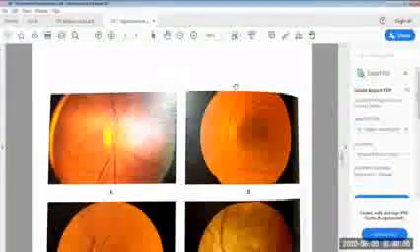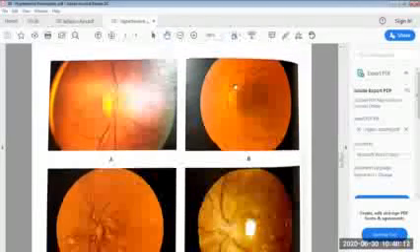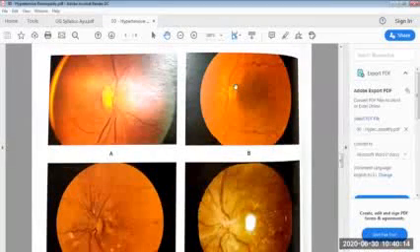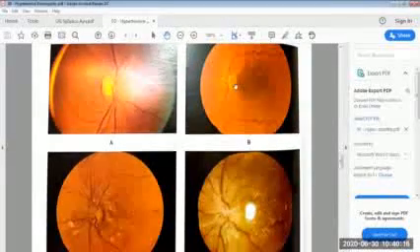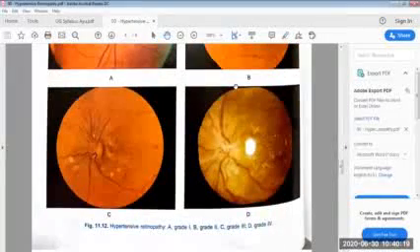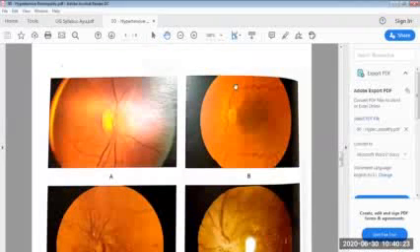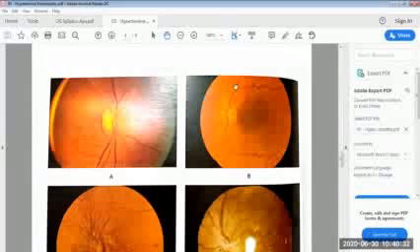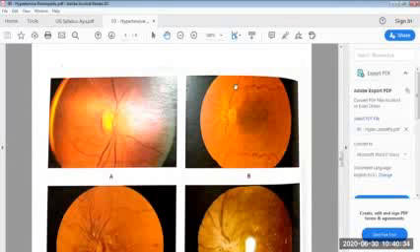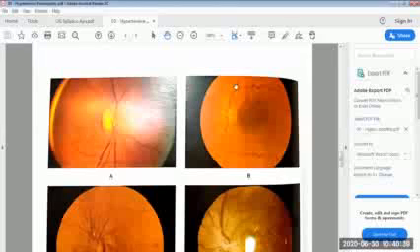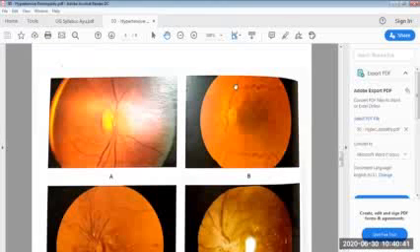Here is an image of hypertensive retinopathy: A, B, C, D. A shows grade 1, B shows grade 2, C shows grade 3, and D shows grade 4. In image A, there is grade 1, consisting of mild generalized arteriolar attenuation, particularly of the small branches, with broadening of the arteriolar light reflex and vein concealment.